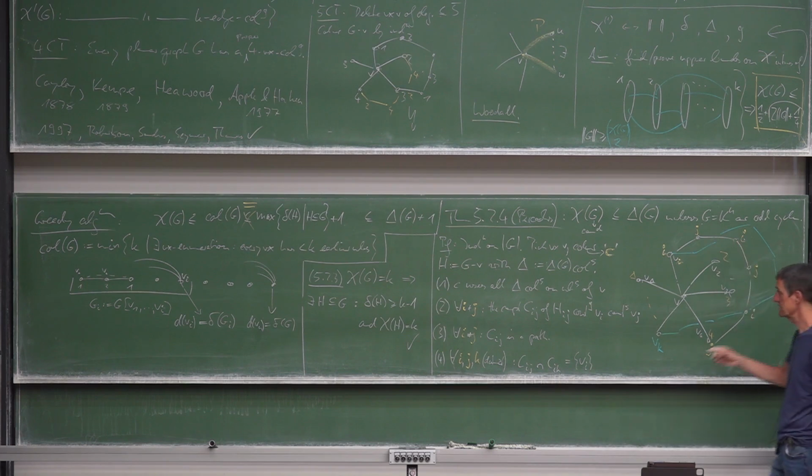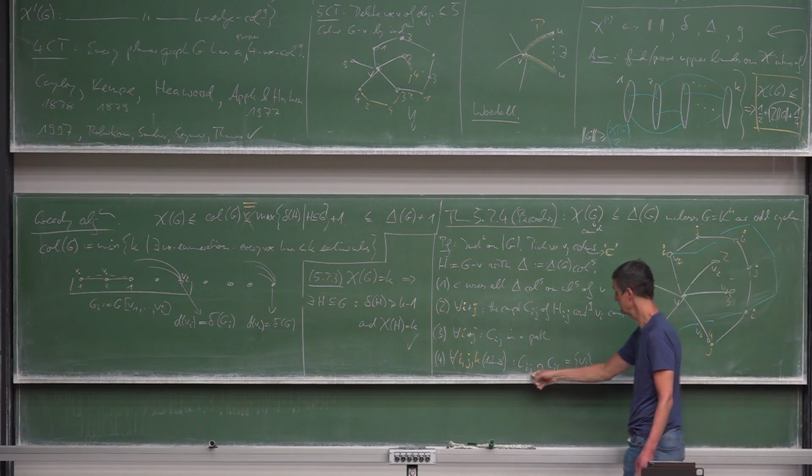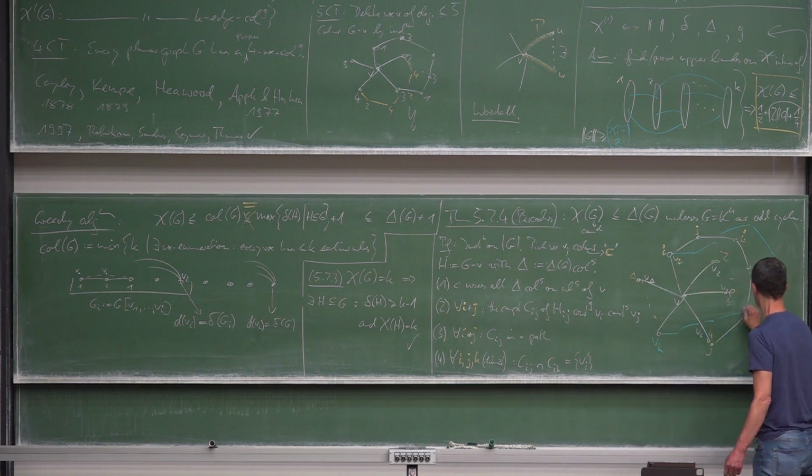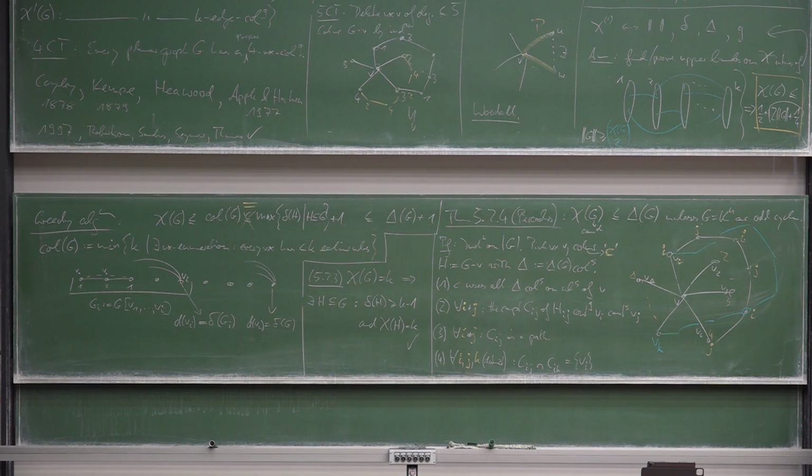And suppose that it meets this path from Vi to Vj in a vertex that is not Vi. But then, how many neighbors does this vertex have?